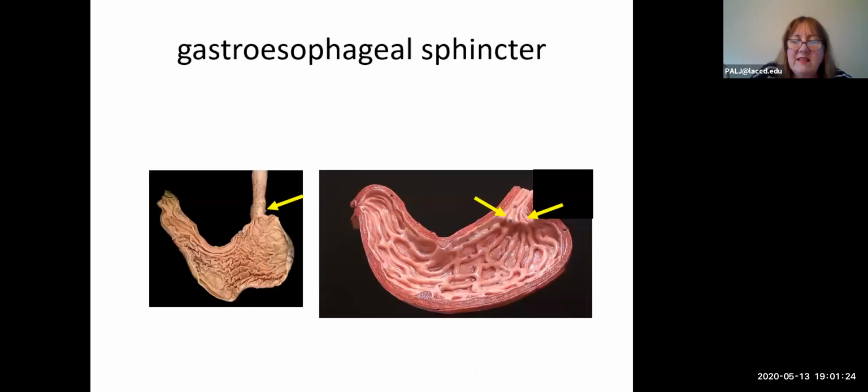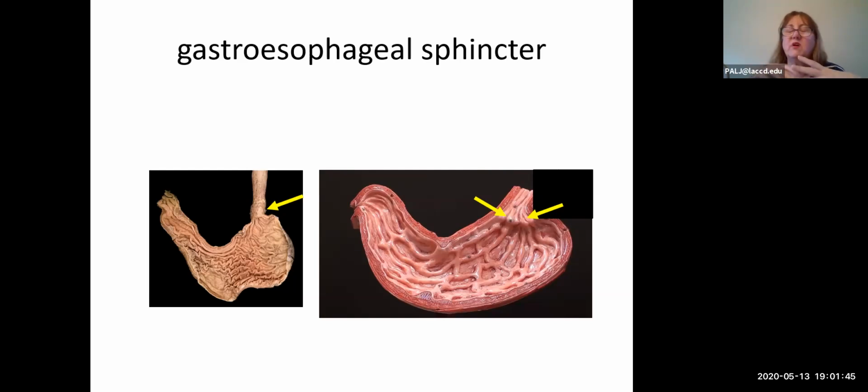In the abdominal cavity, the junction between the esophagus and the stomach is called the gastroesophageal sphincter. In lecture, you'll learn the importance of this. But I want to point out it is not called the esophagogastric sphincter. It's called the gastroesophageal sphincter.